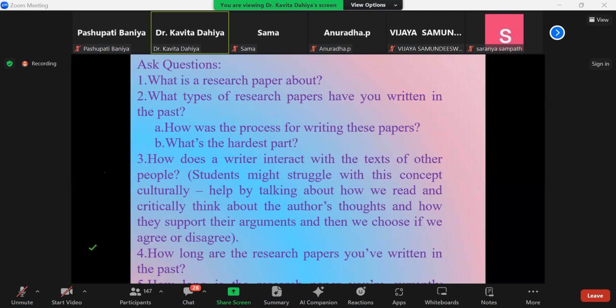So, what is the research paper about? Again, this is a very important aspect that you need to clear. First of all, what exactly is the research paper related to? What type of research paper have you written in the past? Means what area of interest do you have.